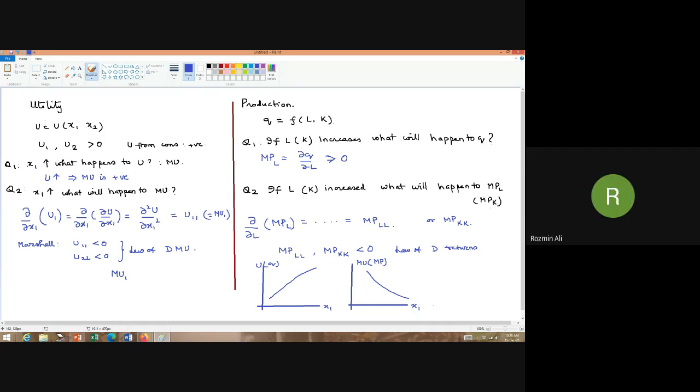Yes, sir. Repeat the last part, the diagram part. Yes, let me copy this.